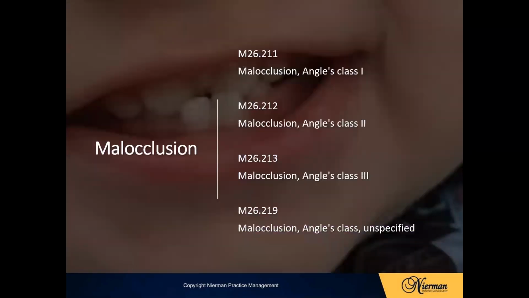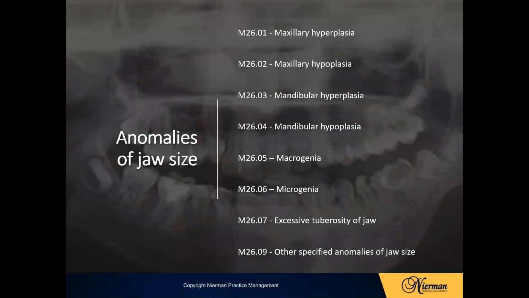Now, any of you who are doing billing for medically necessary orthodontics, you do know that's part of the Affordable Care Act in most states, that it must be covered. So these codes have come to the forefront because if the patient doesn't have dental insurance and it is a mandate that medically necessary ortho has to be paid, then that's an opportunity to actually use these codes with medical, whether it be the malocclusion or hypoplasia, microgenia, and so on and so forth.